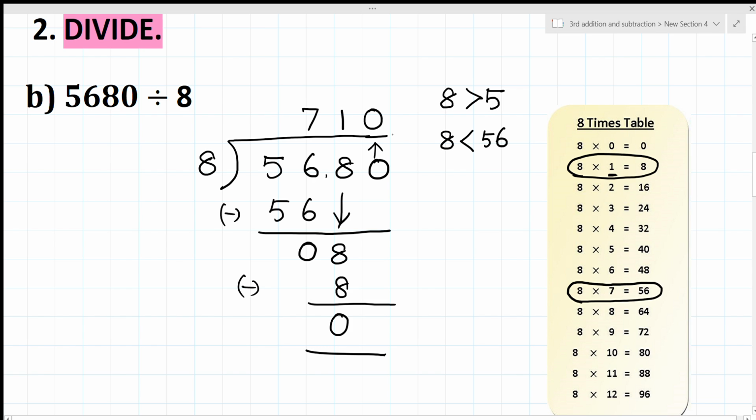So here, what is the quotient? 710. And what is the remainder? 0. Write down the answer. Quotient is 710 and the remainder is 0.